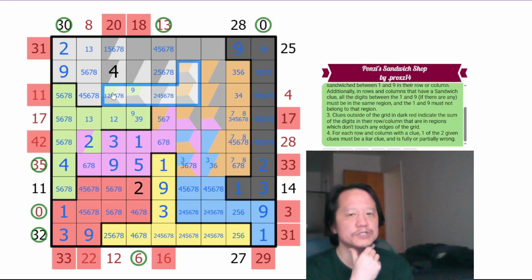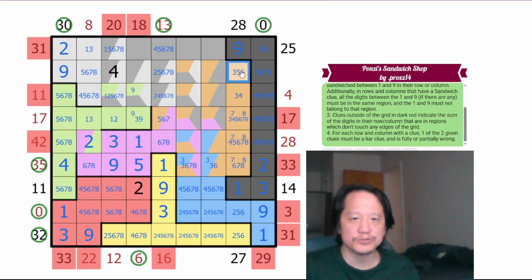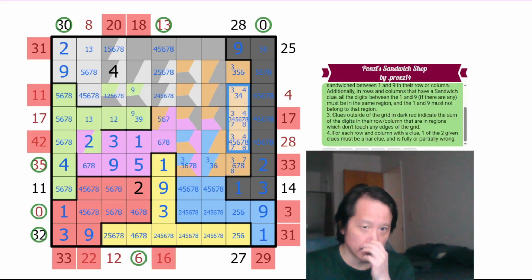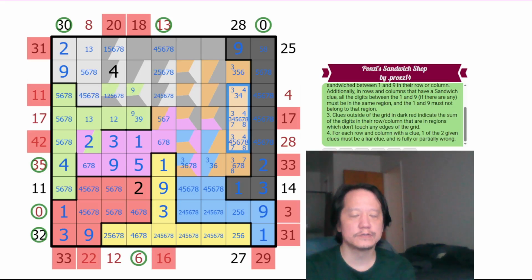So orange needs 3 and 4 are also here, right? 3 is here, and 4 is one of these 3 for the orange. So the only one we're missing is 5 or 6.